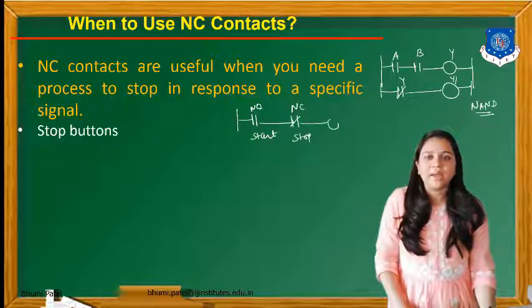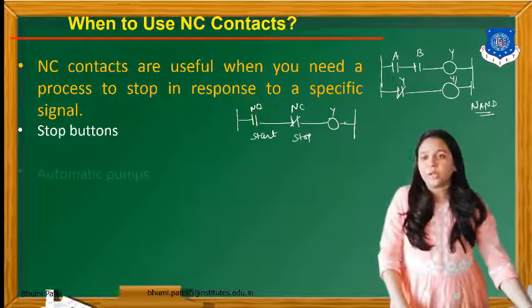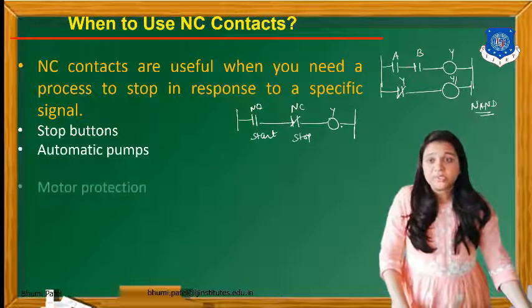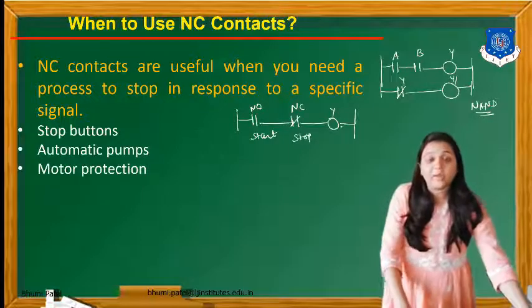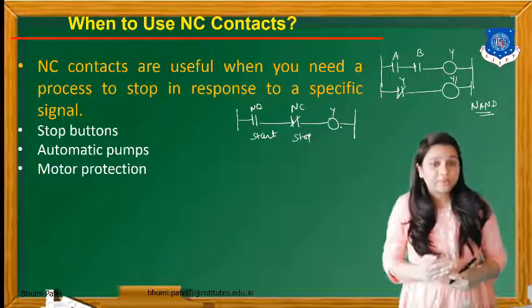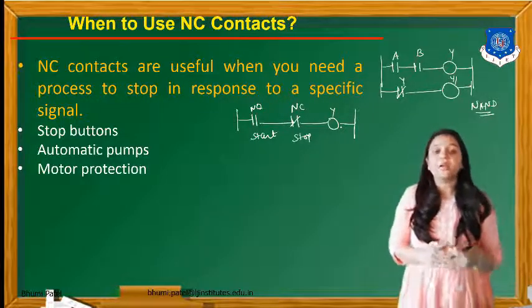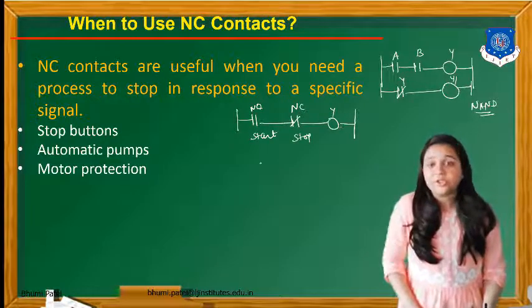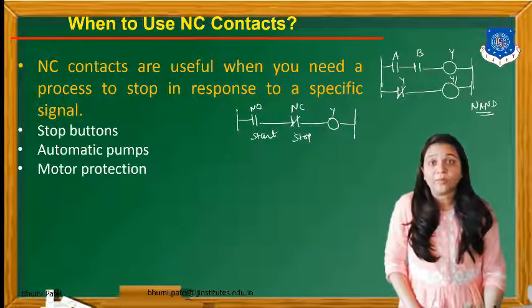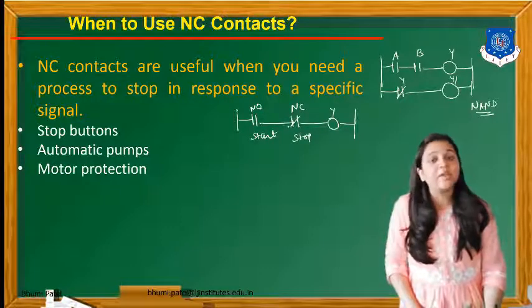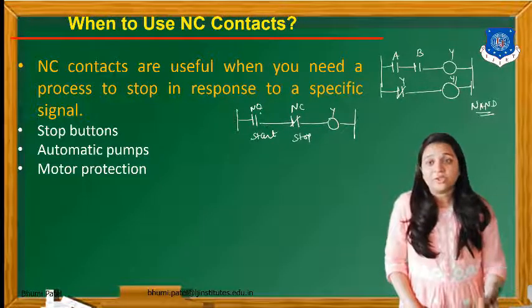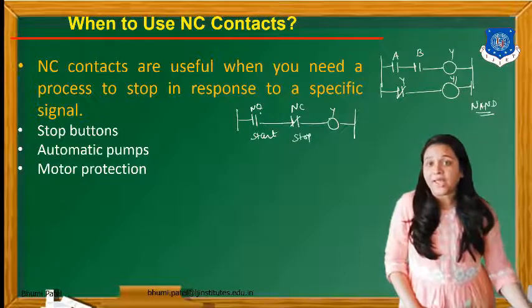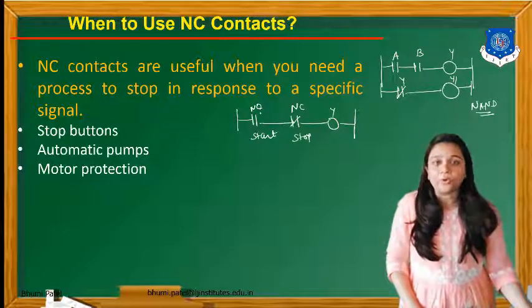And this is my output Y. It is used for stop buttons, automatic pumps, and motor protection. Whenever the motor supply is greater than the applied voltage, we can also use an emergency switch as a normally closed contact, so the system will automatically turn off. So these are some applications where we can use a normally closed contact.